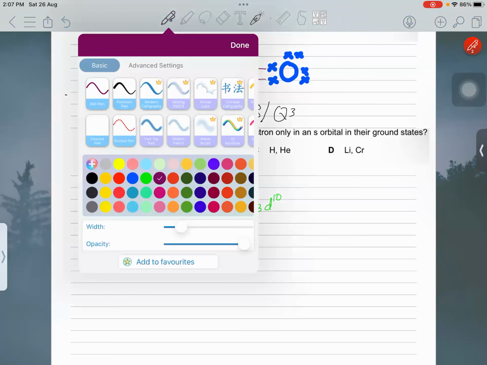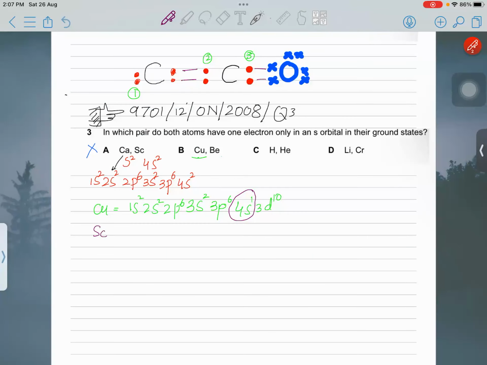Now look at scandium. Scandium is 21. So 1s2, 2s2, 2p6, 3s2, 3p6, 4s2, 3d1. But this one is wrong.